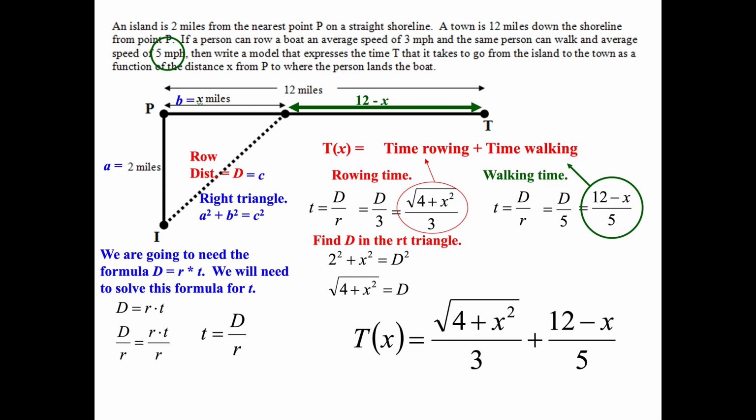So of course, just like the last problem where they asked us what point in quadrant 1 would get you the maximum area of the rectangle, they're going to probably ask you what value for x will give you the least amount of time traveled to the town. So what is the fastest time to go from the island to town?